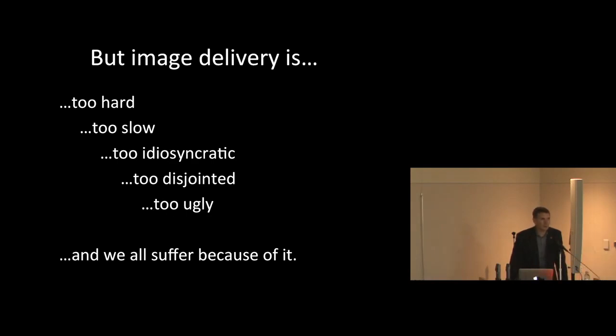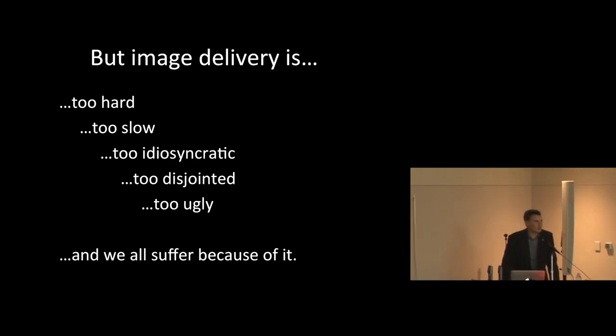Image delivery is often slow. It is idiosyncratic from site to site or resource to resource. It is often disjointed. If you are working with images from multiple different sites, the experience and what you can do with images at different sites varies greatly. And perhaps most importantly or most tragically, image delivery is often an ugly and unpleasant experience for researchers and for end users.